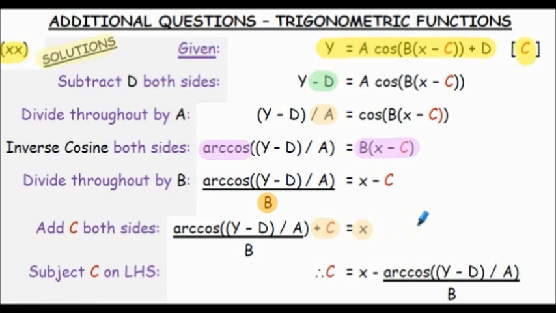That equals x on the right hand side. And finally, to make c the subject, we simply subtract the arc cos of our bracketed term divided by b, so we have our final formula for c.